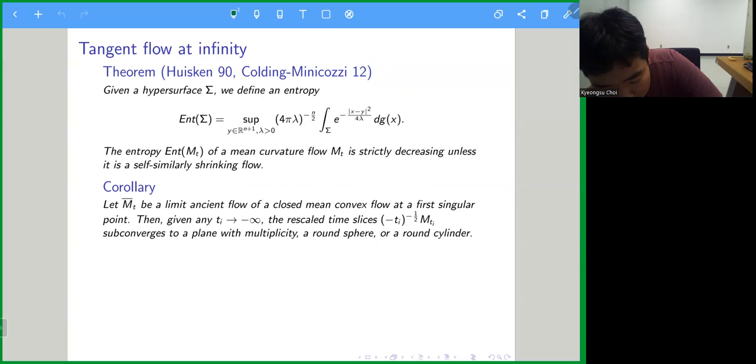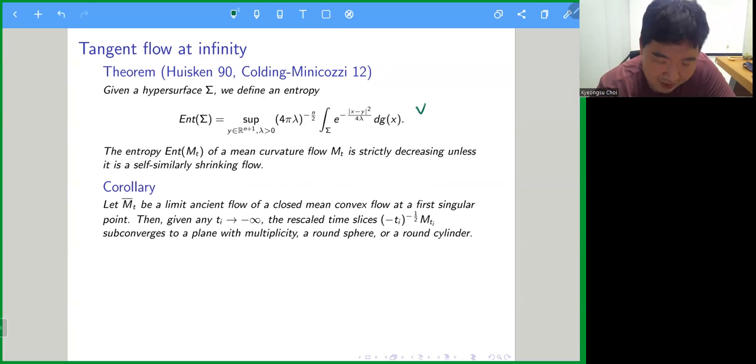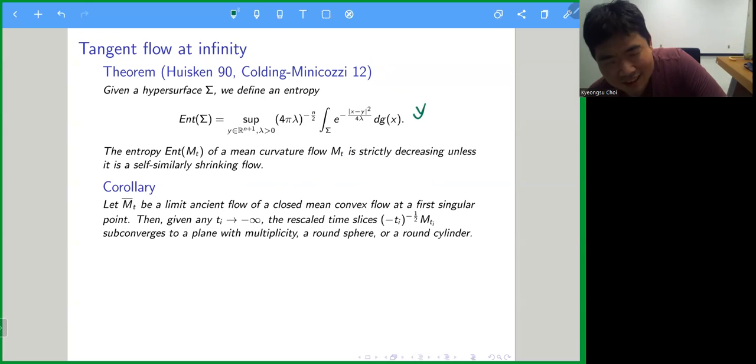To do this, let me first consider the tangent flow, the blowdown, the infinity of the limit flow, or just ancient flow. Given a hypersurface sigma, we can define a functional, say entropy, in this way. This is a bit complicated, so let me skip the details.